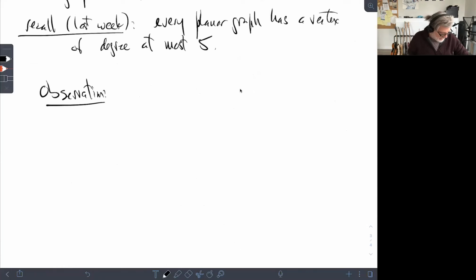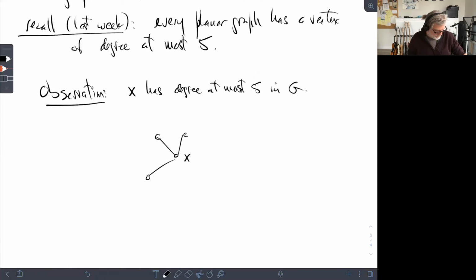Let's say X has degree at most 5 in our bad guy G. I'm drawing 5 edges here, but it could be less, right? And so this is G here like that, okay?